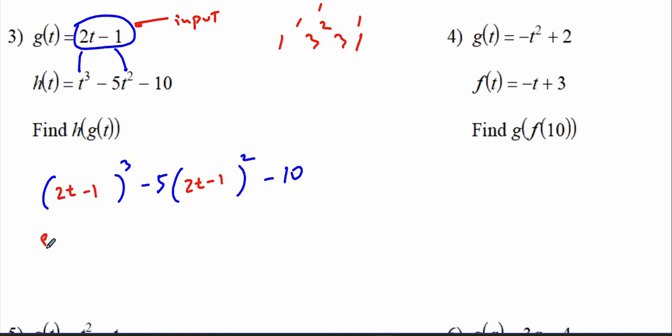This is 8t cubed, followed by 3 times 4 is 12, plus 12t squared, followed by 3 times 2 is 6, plus 6.